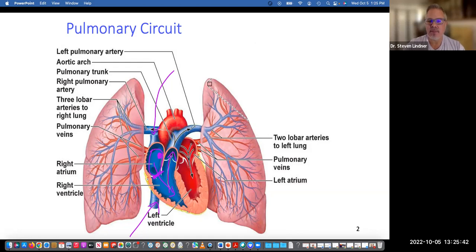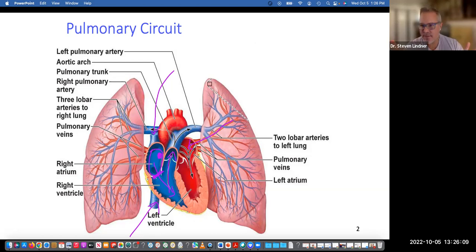These arteries are pumping away from the heart into the lungs. The lungs pick up oxygen, and now it's driving oxygenated blood into the left atrium. Okay, and here's where we have our pulmonary veins. Pulmonary veins here are red. It's pumping blood into the heart.